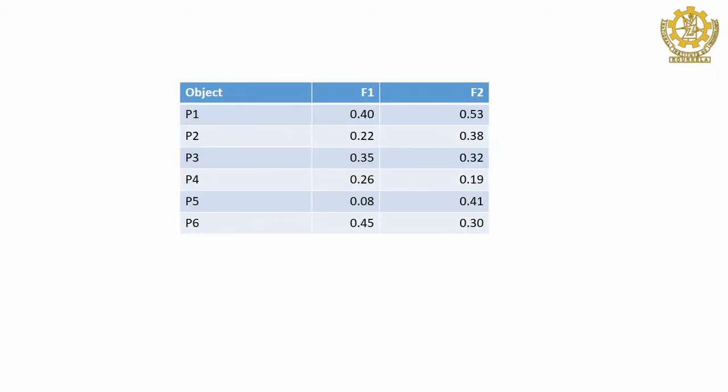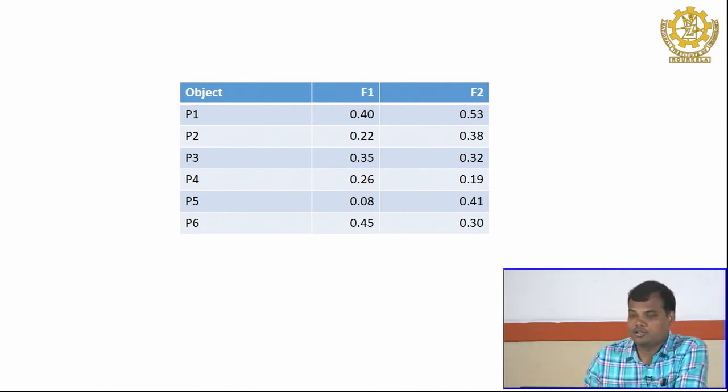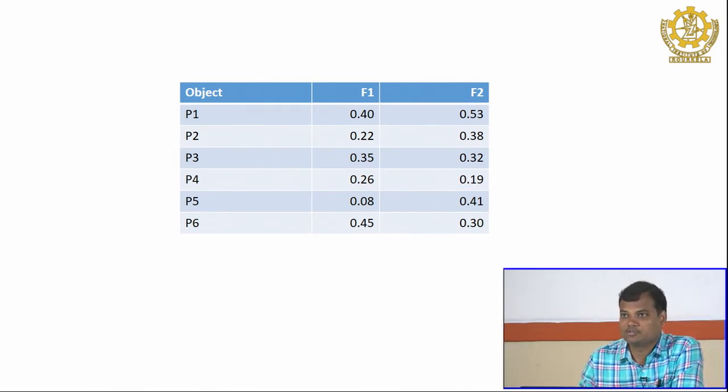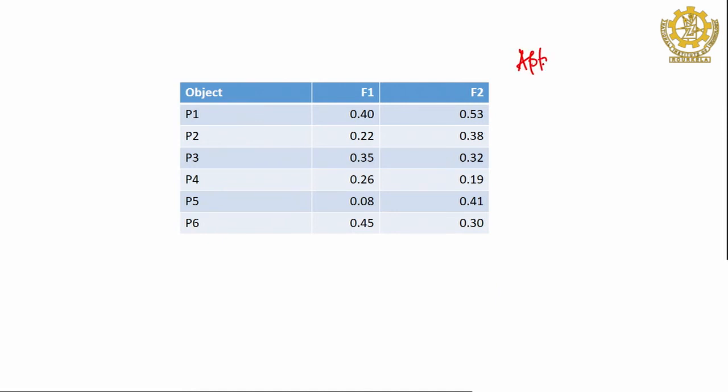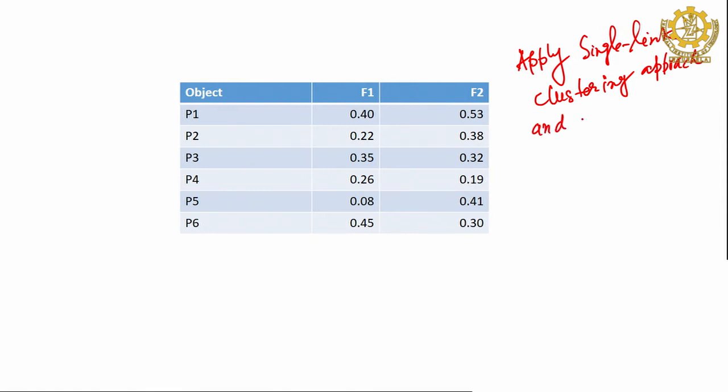So, now we will solve this numerical problem here. Suppose we have 6 points or say 6 objects, okay, and it is 2 dimensional data, or we can say it has 2 features. So, you apply the single link clustering approach and draw the dendrogram.